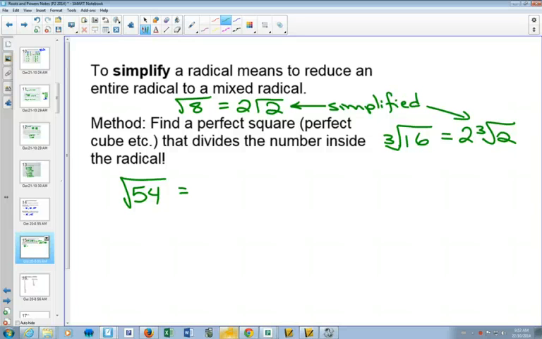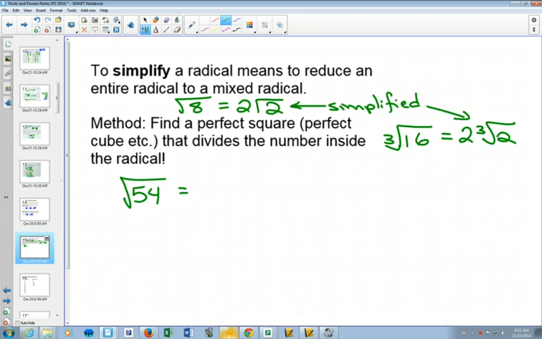What are numbers that divide 54? 2, 6, 9, 27.